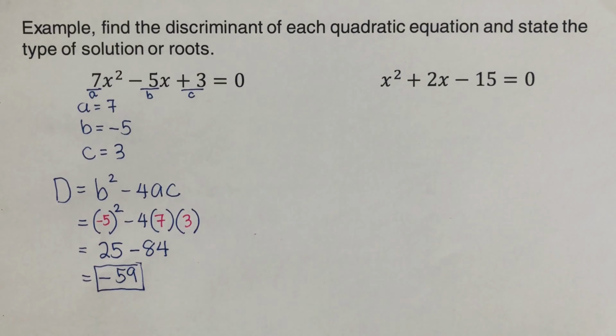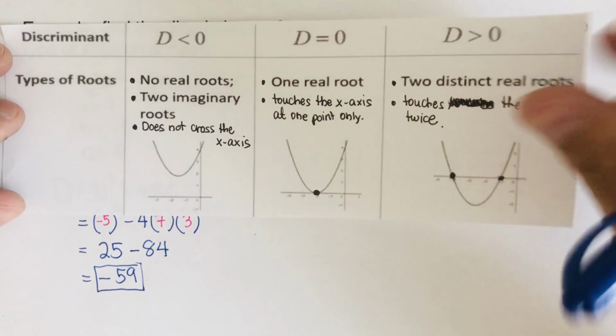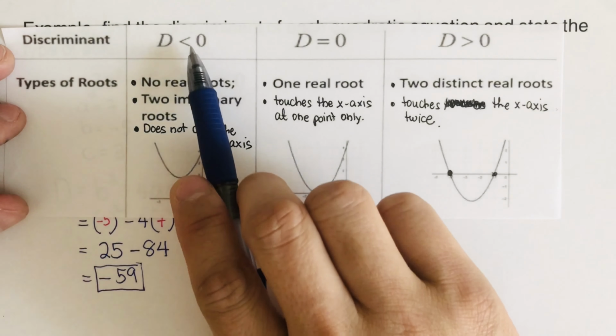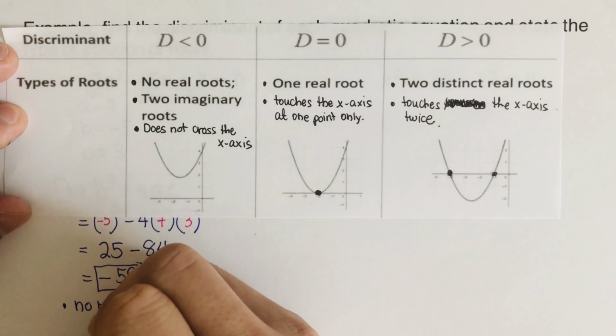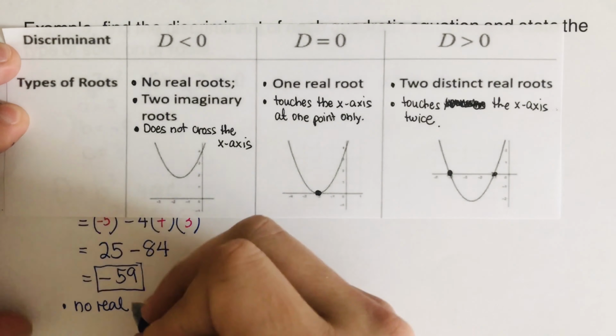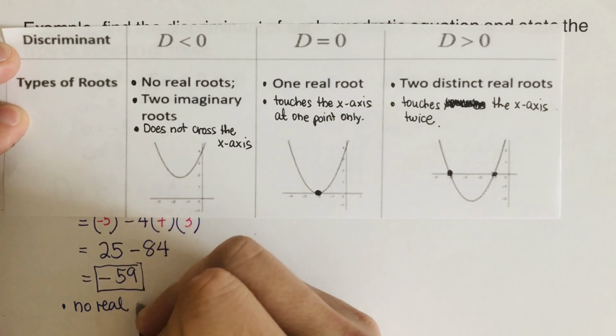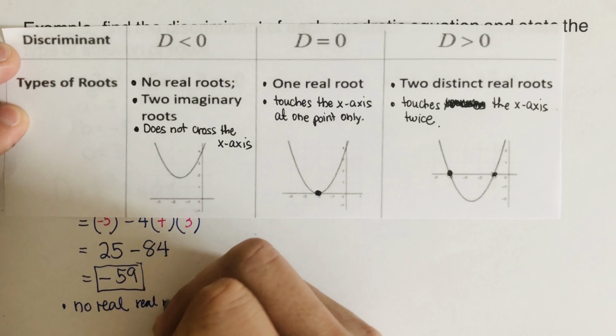Now, if we go back to the shapes that we talked about at the beginning, if the discriminant is less than 0, then that means there is no real root. I'm just going to write all these three here. No real root.